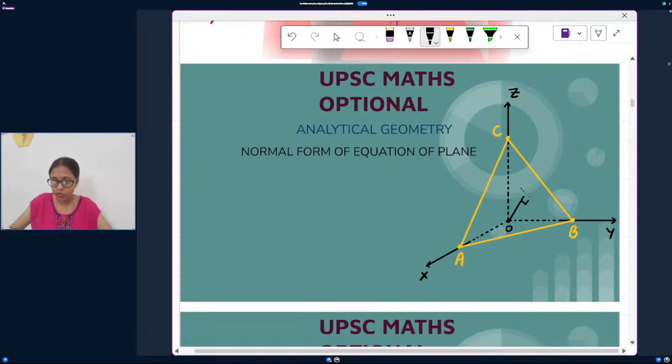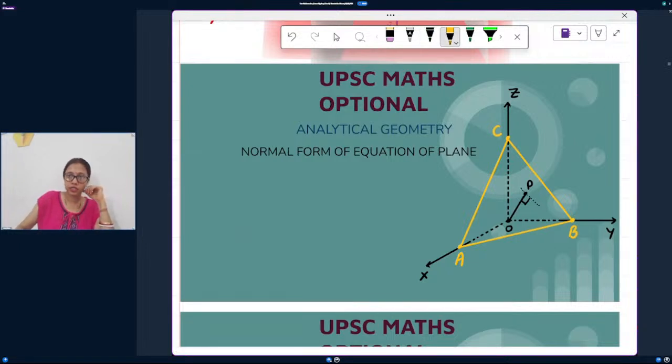Let me take a line on the plane. This is the line on the plane. It is in the back side of that triangle. Let me take this point, which is on the plane, as P. Okay.